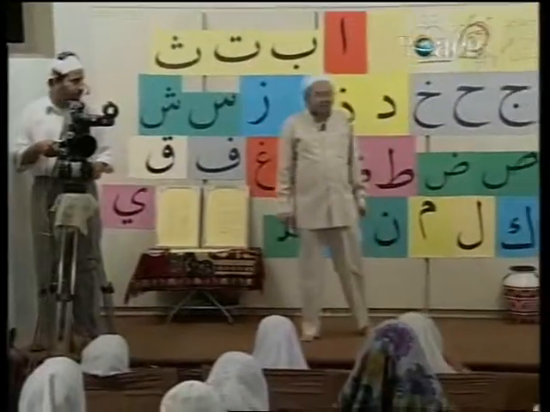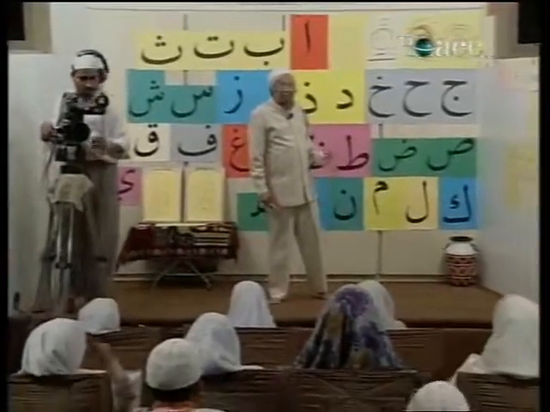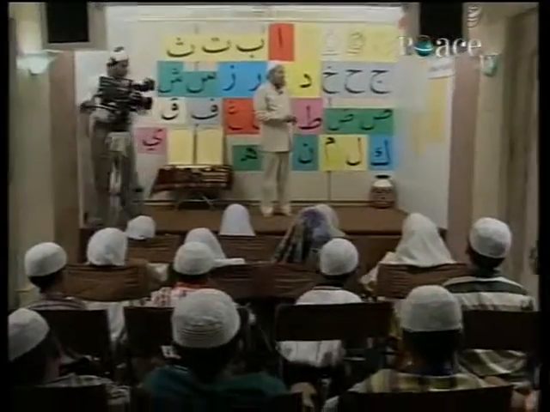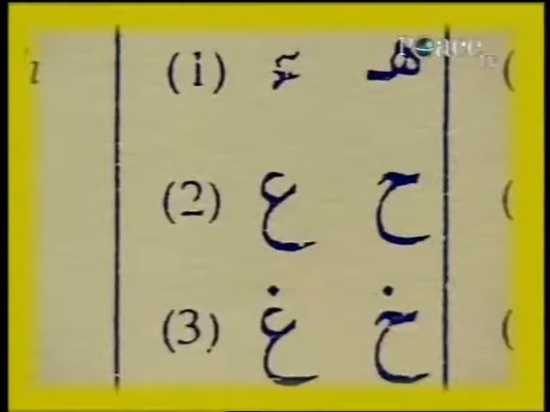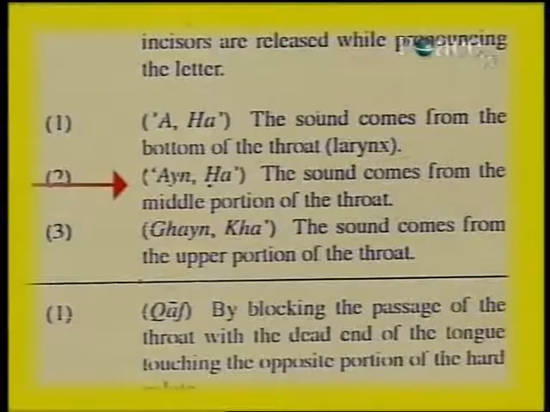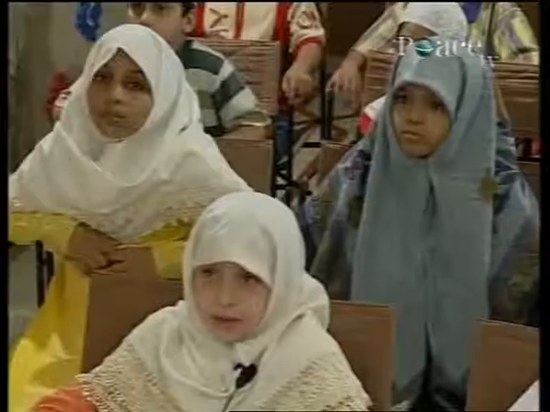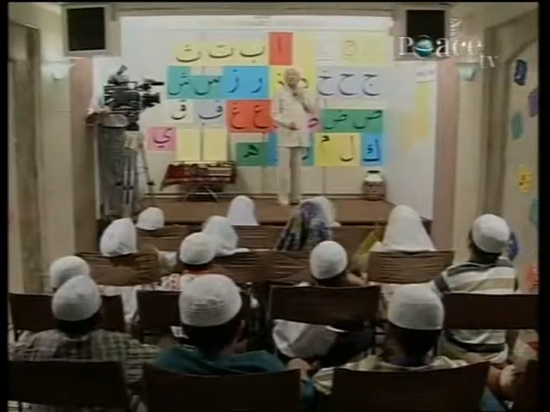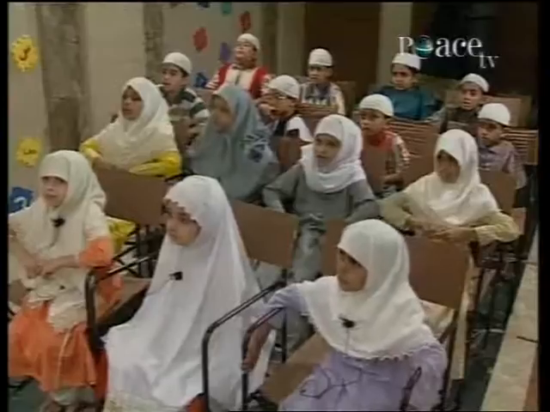Good. Now we should go to group 3. Group 3 has 6 letters, and we pronounce them from our throat. That is known as gutter.